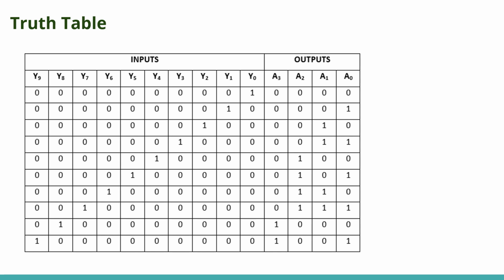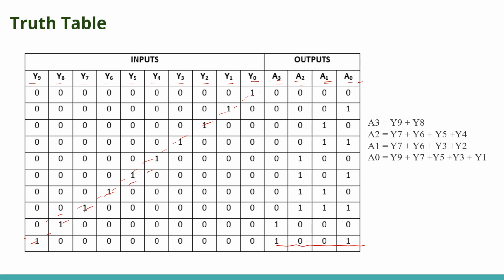In its respective truth table, the inputs start from Y0 in sequence up to Y9, with the respective outputs A0, A1, A2, A3 giving the binary code of those inputs. Now from these we will get the expressions for A3, A2, A1, A0.